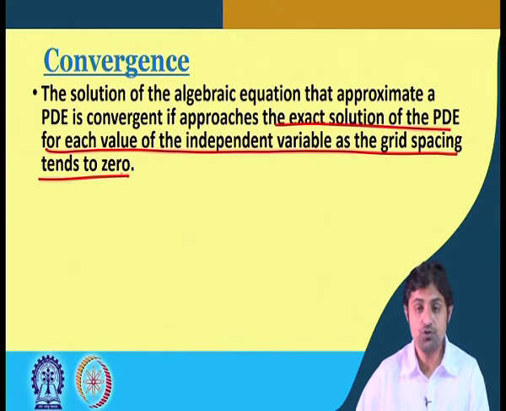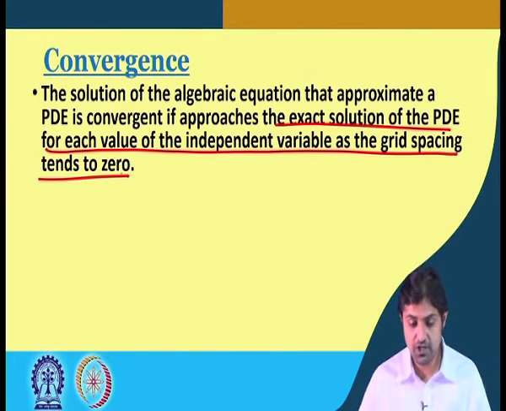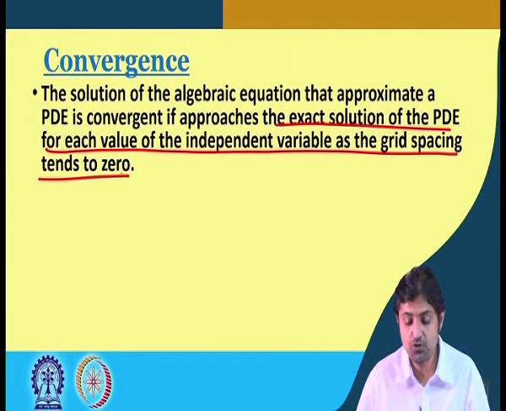So this solution is said to be convergent if it approaches the exact solution of the PDE for each value of the independent variable as the grid spacing tends to 0, not a combination of different variables. For each individual x and y, for example, if x and y are the independent variables, for each of these x and y this should converge to the real original solution of the PDE, then that means the solution is convergent.